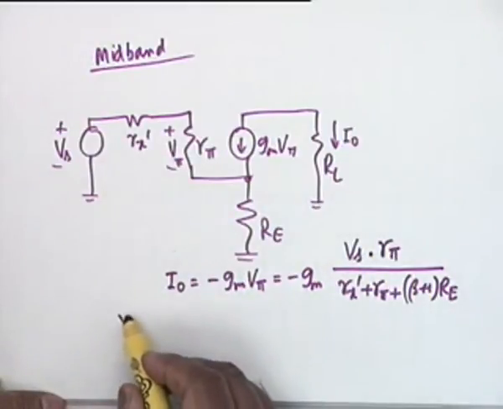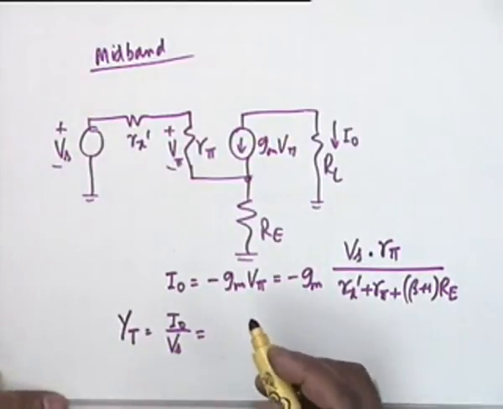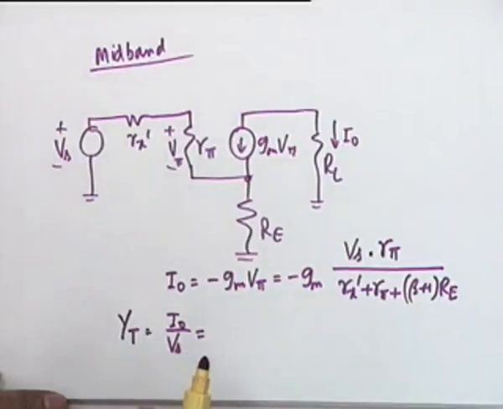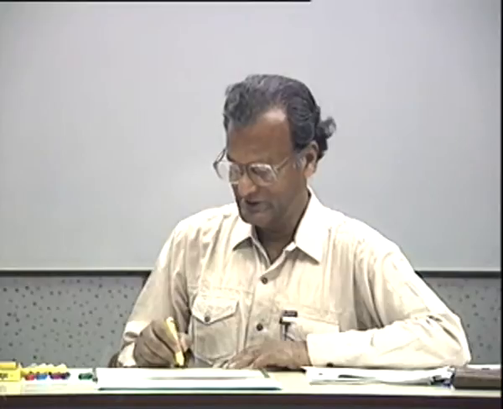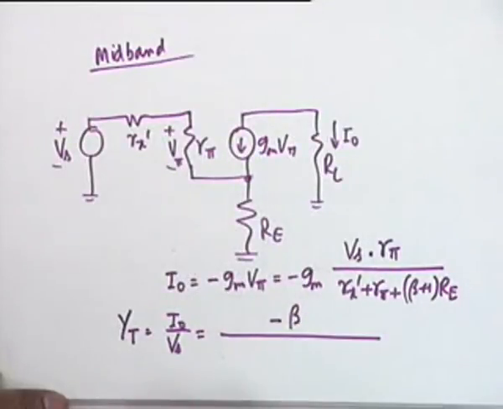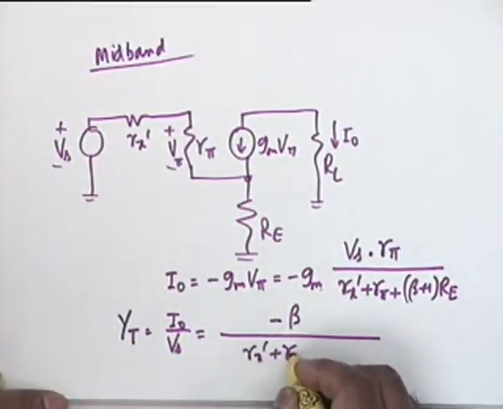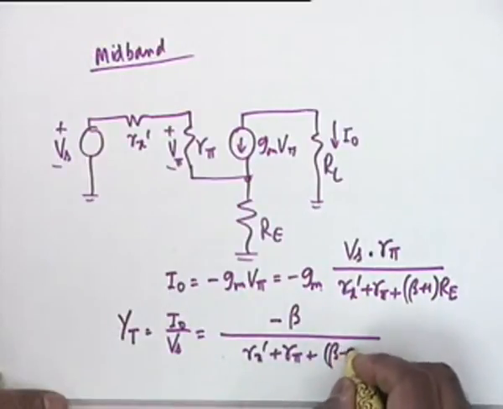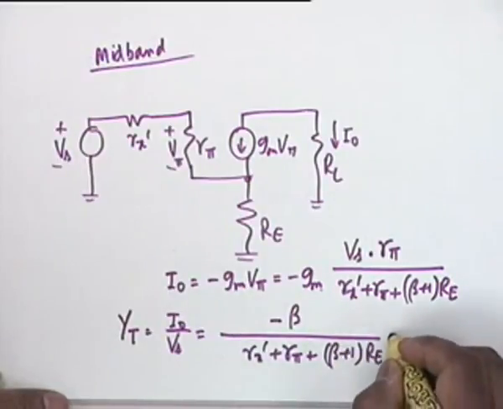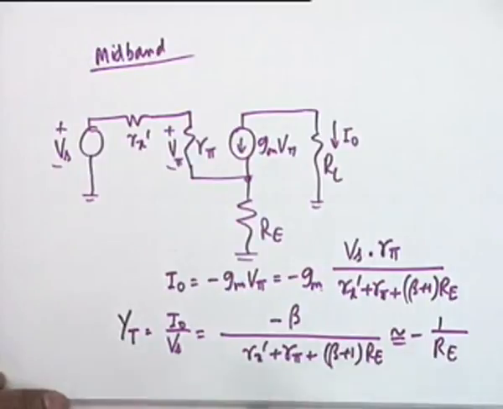And therefore, Yt = I0/Vs by inspection. That's why I said in the actual circuit you don't have to make that frequency domain analysis. Mid-band is sufficient. This is equal to -β gm Rπ divided by Rx' + Rπ + (β+1)Re. Don't you see that this is approximately equal to -1/Re? Agreed? -1/Re.